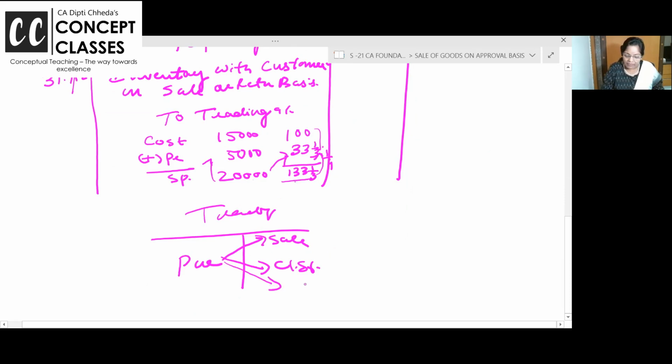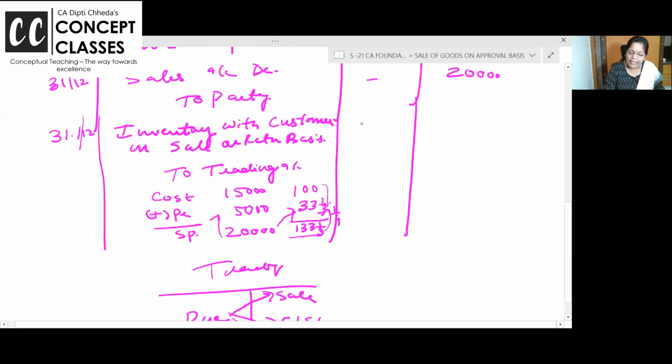They are lying inventory with the customer. So I have to write it separately but at cost. My stock, whether it is with me or with my agent or with my debtors or whoever it is, if it is my stock, it has to be at cost. Yes, cost or NRV, whichever is lower, obviously that.